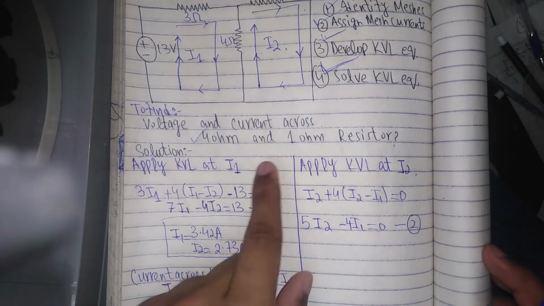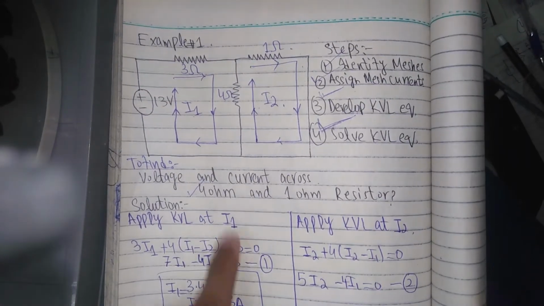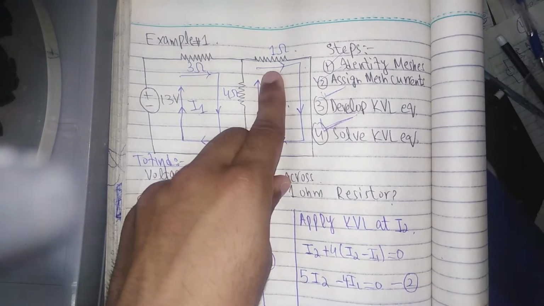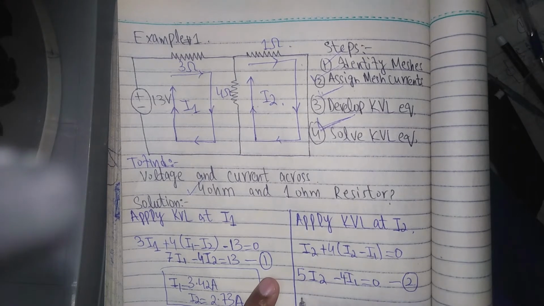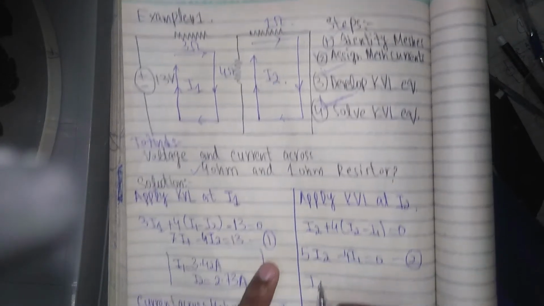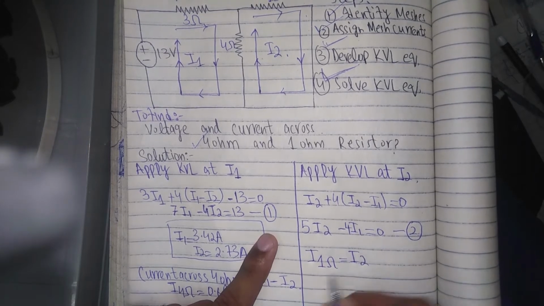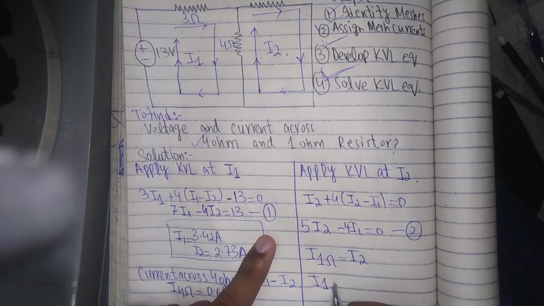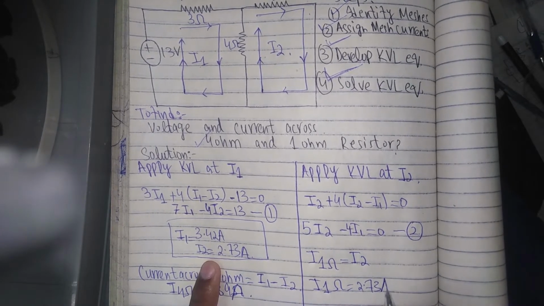Now we will find voltage and current across the 1 ohm resistor. So students, at the 1 ohm resistor only current I2 is flowing. So we write I across 1 ohm equals I2, which is 2.73 ampere.